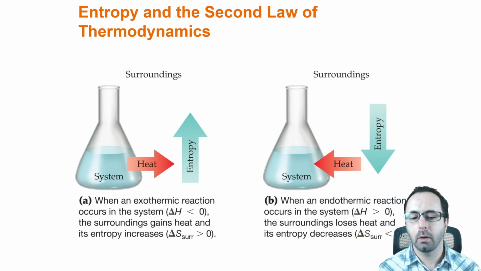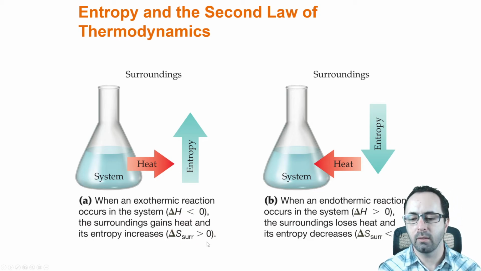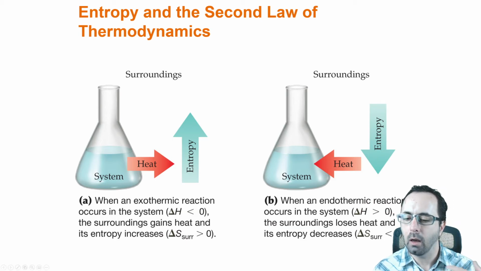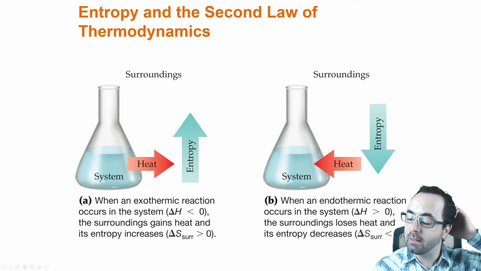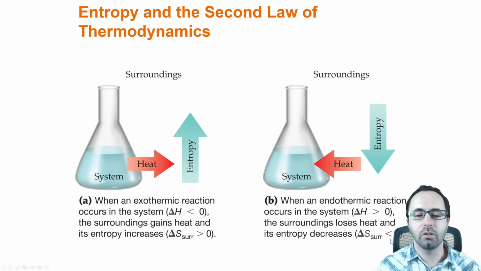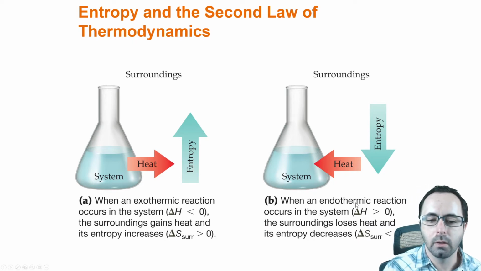So in an exothermic reaction, the delta H is negative, and the delta S of the surroundings is positive, it is increasing. For an endothermic reaction, the delta H is positive, it's gaining heat, but the delta S of the surroundings is negative. Entropy is decreasing in the surroundings. Okay.